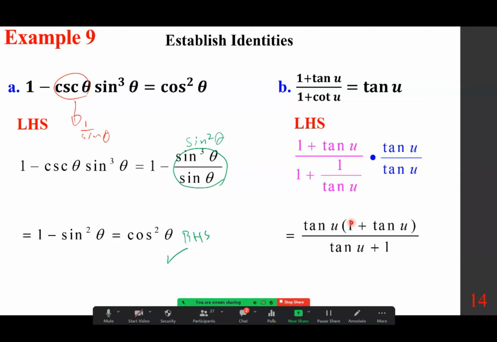Now, whether you have 1 plus tan u or tan u plus 1 makes no difference. They're identical, so they cancel each other. And the final answer is tan u. And obviously, that's the right-hand side, and it checks.